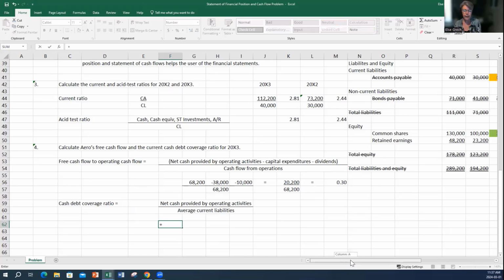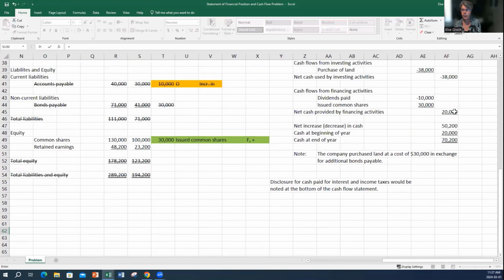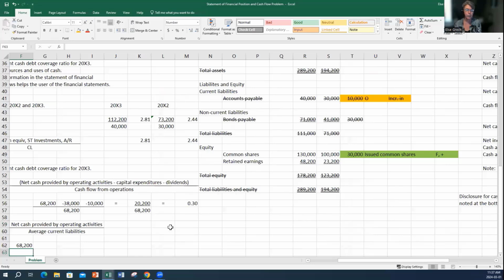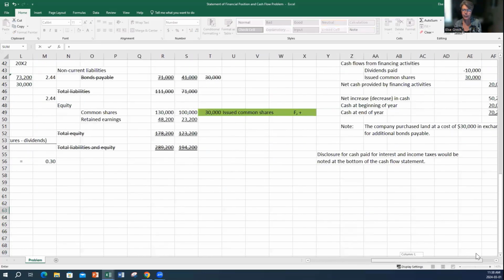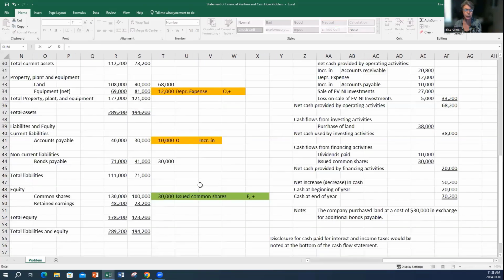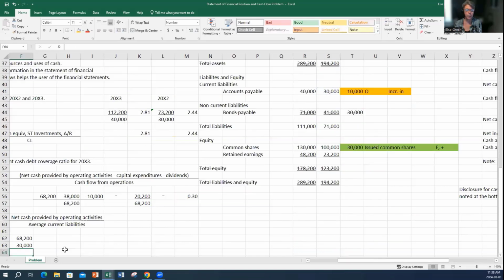We already know the net cash provided by operating activities is 68,200. And the average current liabilities. So we take the current liabilities at the beginning of the year. Just looking for the current liabilities. There we go, which is 30,000. We're going to add it to the current liabilities at the end of the year, which is 40,000.